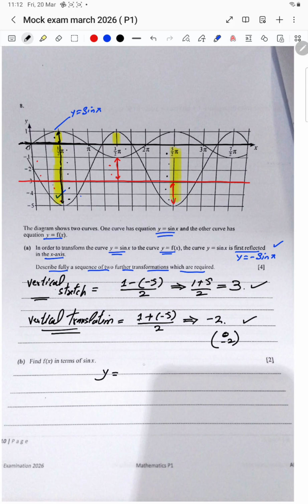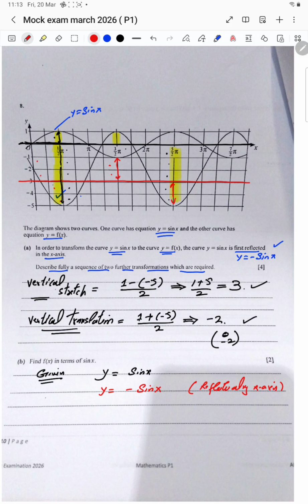Okay, find f of x in terms of sine of x. First thing, it is given y equal to sine of x, this is given, and the first transformation is already given in the statement, that is reflection along the x-axis. So I can write for you, reflection along the x-axis.